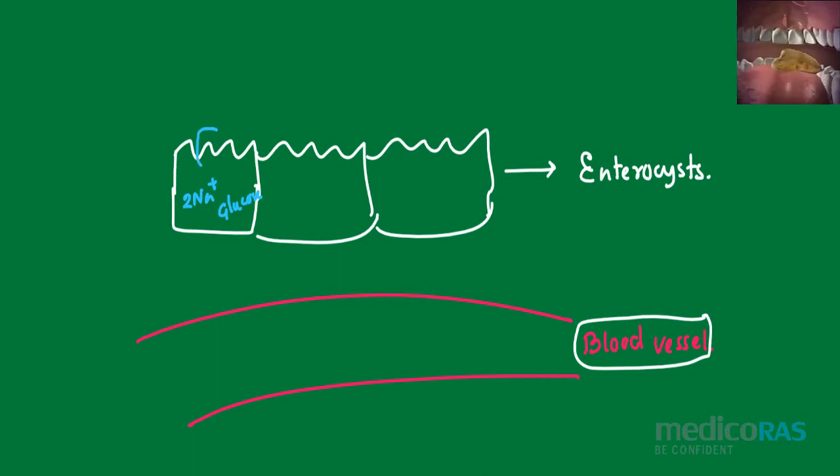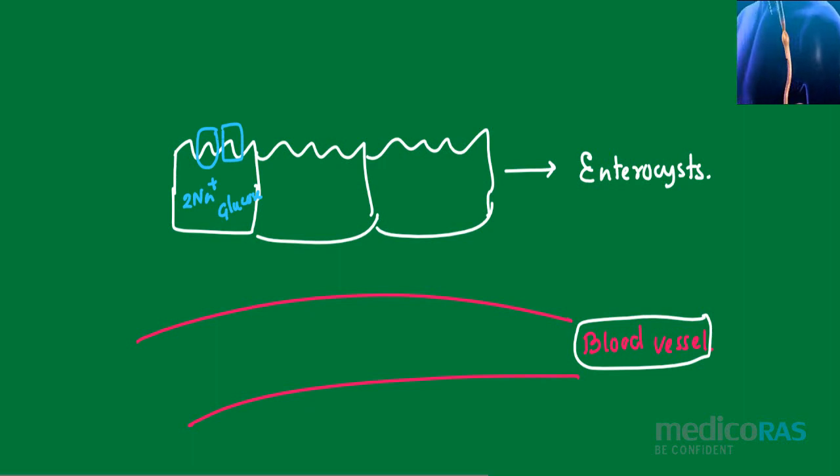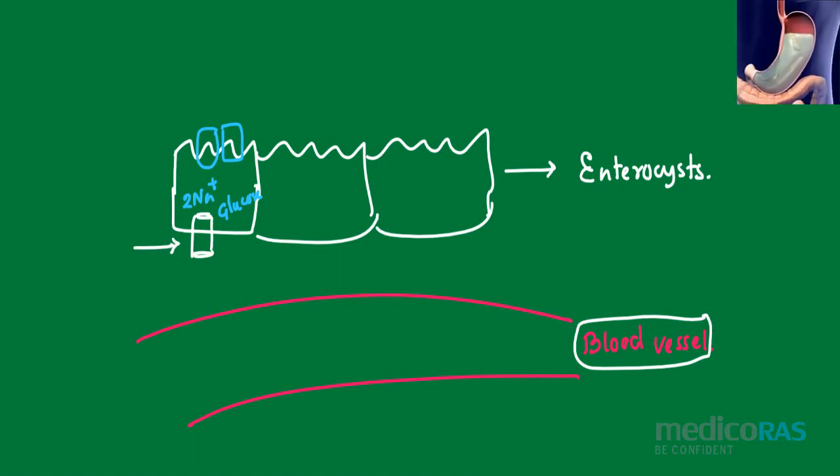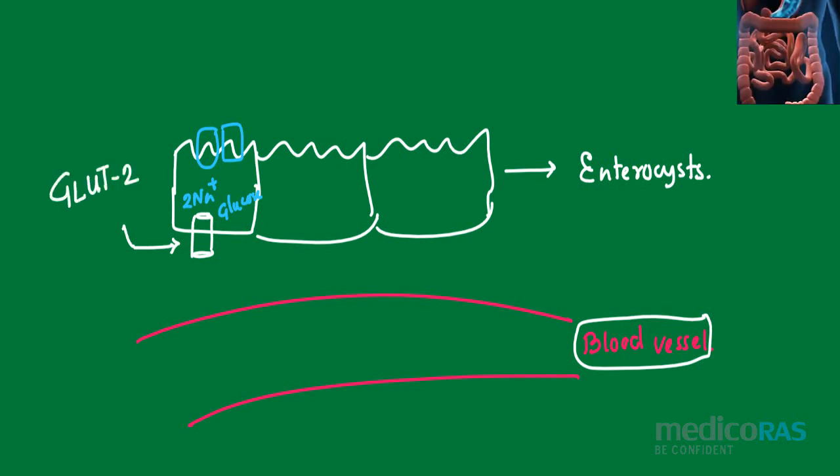Now the glucose molecule and the sodium ion are present inside, therefore we have to remove this glucose molecule from that particular zone with the help of another protein molecule or channel known as GLUT-2. GLUT-2 stands for glucose transporter 2.